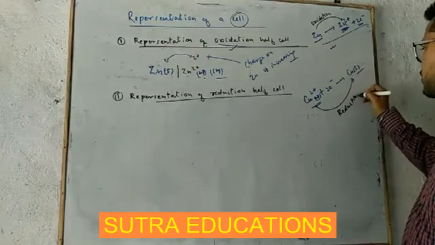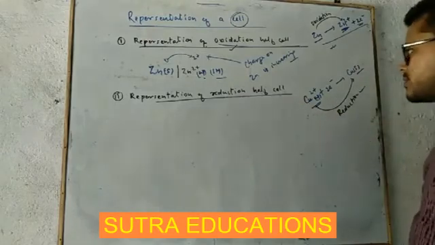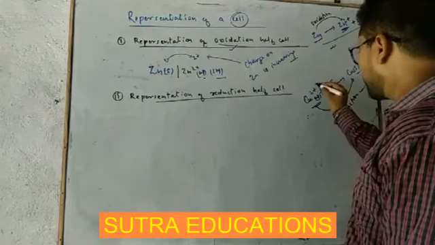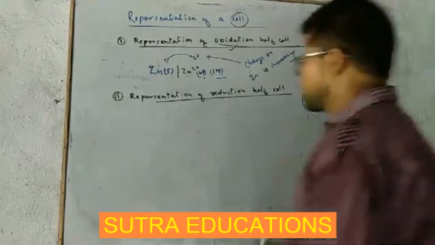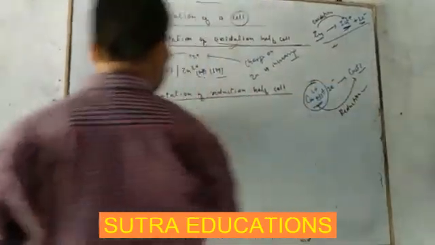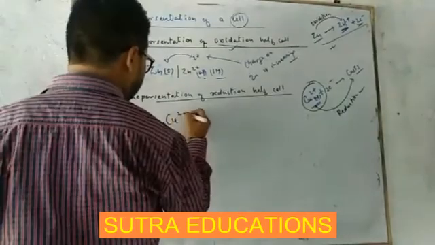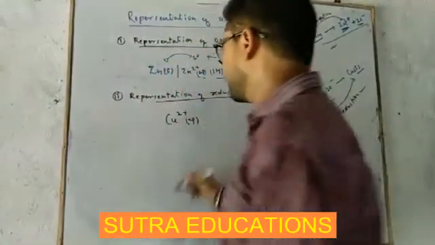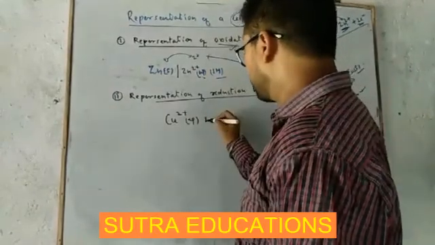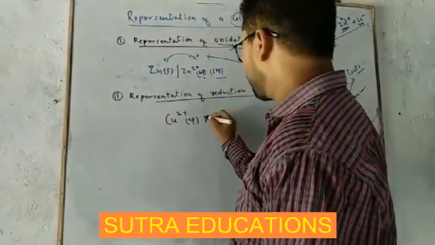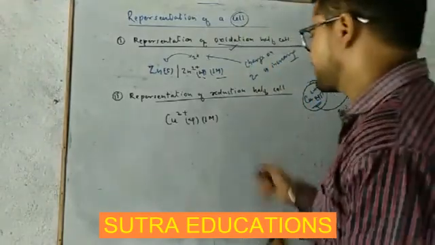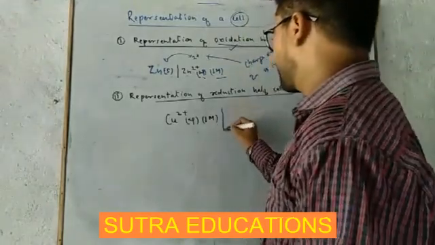Now we are going to represent this reduction half cell. How to represent it? Very simple. We will write this Cu2 plus, which is aqueous, and suppose if its concentration is given, say it is 1 molar.